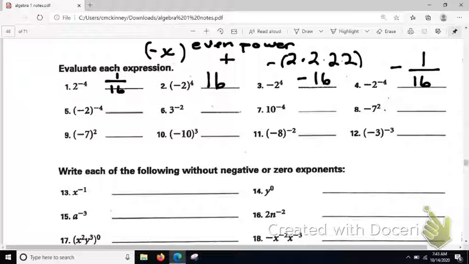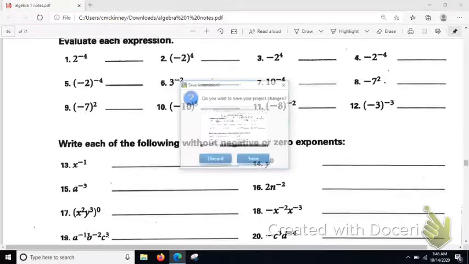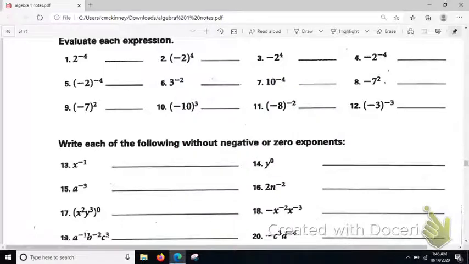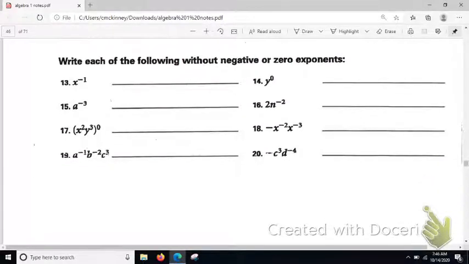All right, so I'm going to jump down to the middle section. And here it's just some practice. So if you have a variable to a negative power, you never want to leave things with negative exponents, just letting you know that.